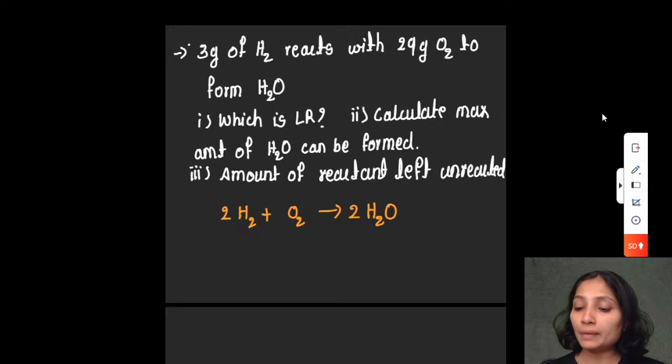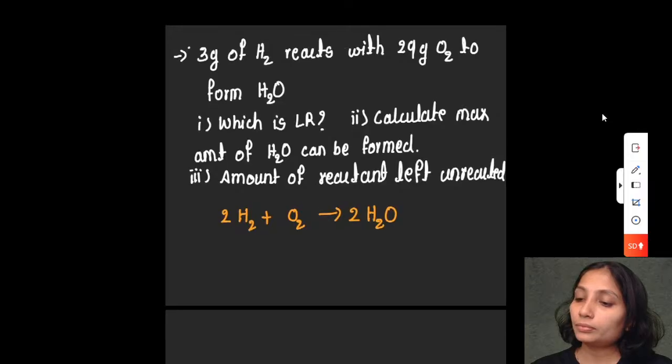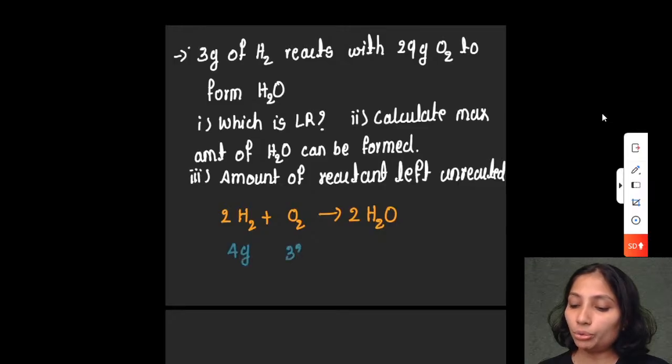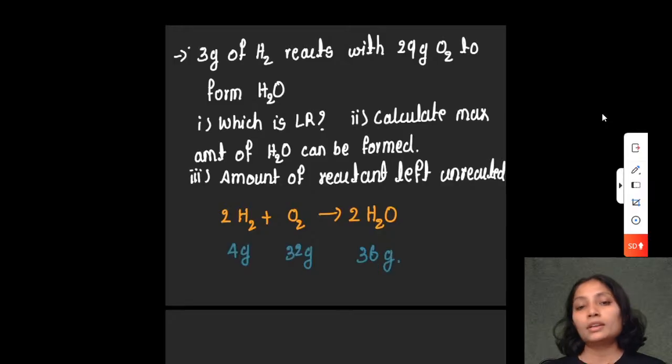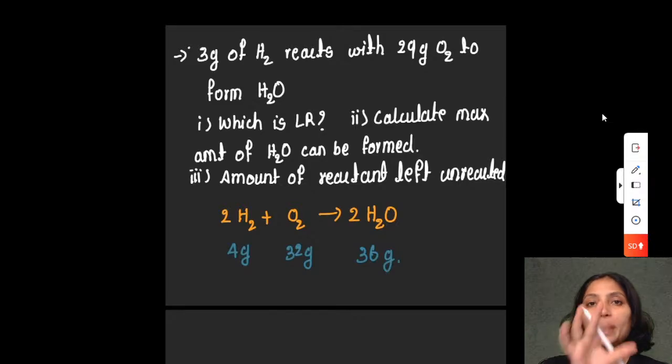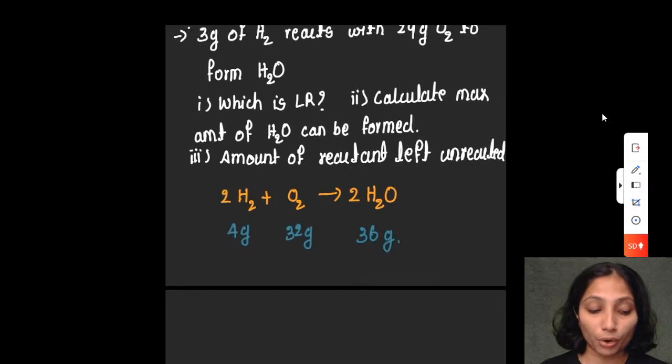According to this, 4 gram of H2 reacts with 32 gram of oxygen to form how much gram of water? 36 gram of water. This is the relation between the two reactants and one product formed.